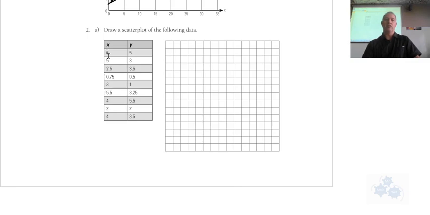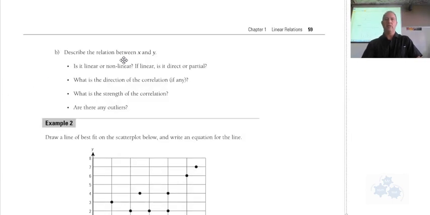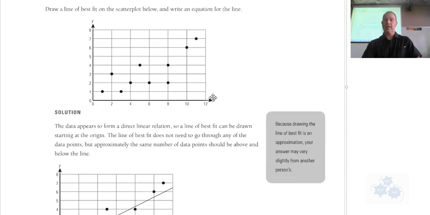Looks like it goes from 0 to 6 or so. So you got to have 0 to 6 on there, and then y goes from about 0 to 5.5. So you got to have 0 to 6 up here too, and then just put the points on the graph somewhere and see what happens. There'll be some questions on that one, number 2, right? Describe the relationship and so on.